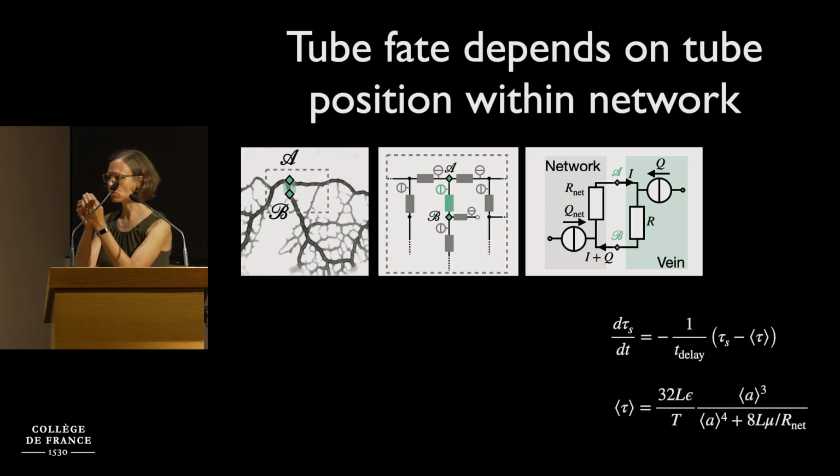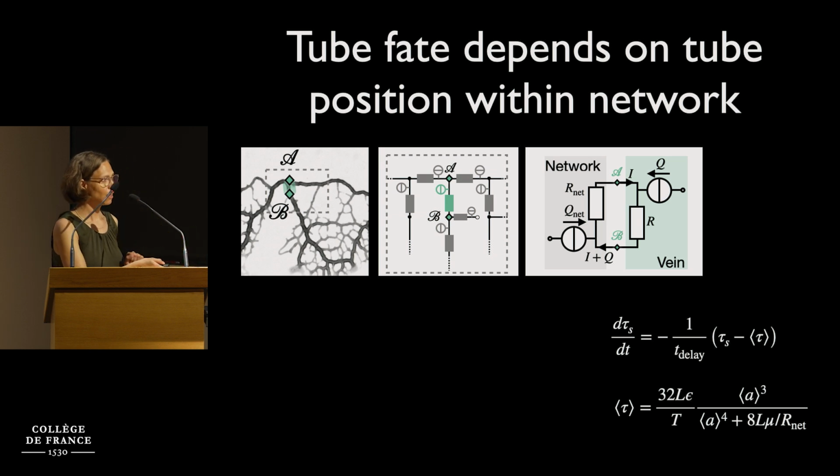And the core insight is that this equivalent resistance is a unique property of the vein I'm looking at. So the equivalent resistance of the remaining network is something that is different for every individual tube that I might be looking at in the network. And it's this one that's setting the target shear rate that your tube will adapt to.